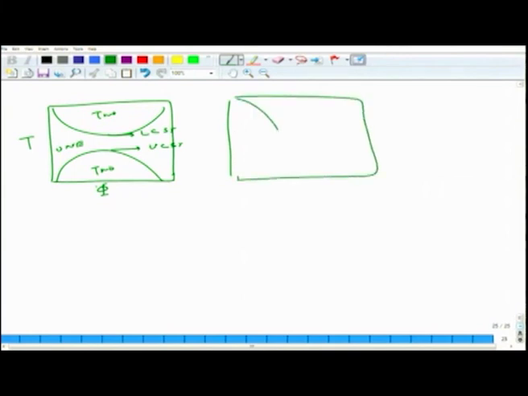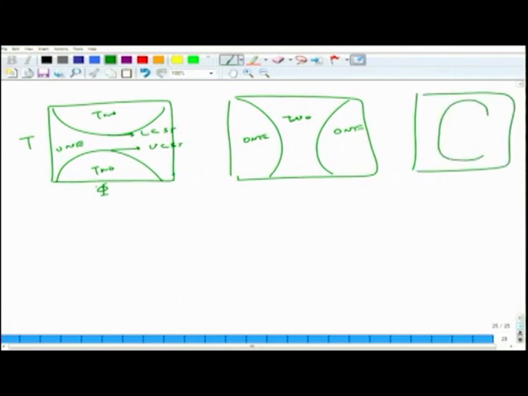The other case is something like this, where this is 2 phase and this is 1 phase, and you can have something like this also, it's closed, this is LCST, this is UCST, 2 phase and this is 1 phase.